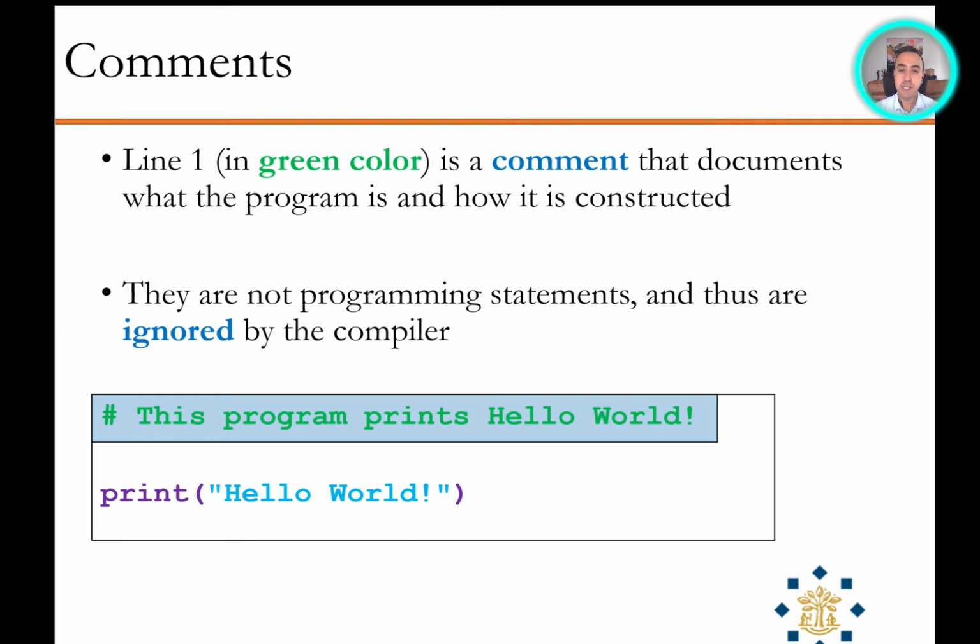For instance, in our first program, the comment line was, "This program prints hello world." This is the first line that you see in green that starts with a pound sign.